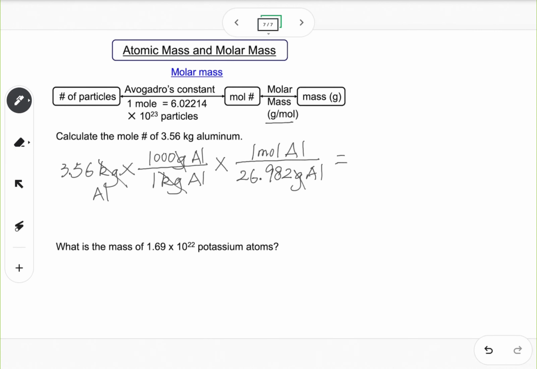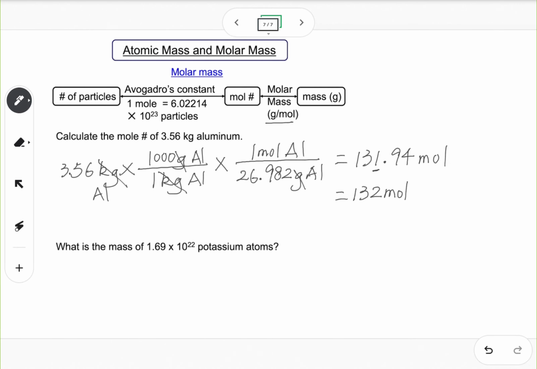And if you do the calculation, that will give you 131.94 mole. Okay, how many significant figures? Well, you have 3 right here, therefore we are supposed to have 3 significant figures. So you need to drop the tail after the decimal point, so that will give us 132 mole.